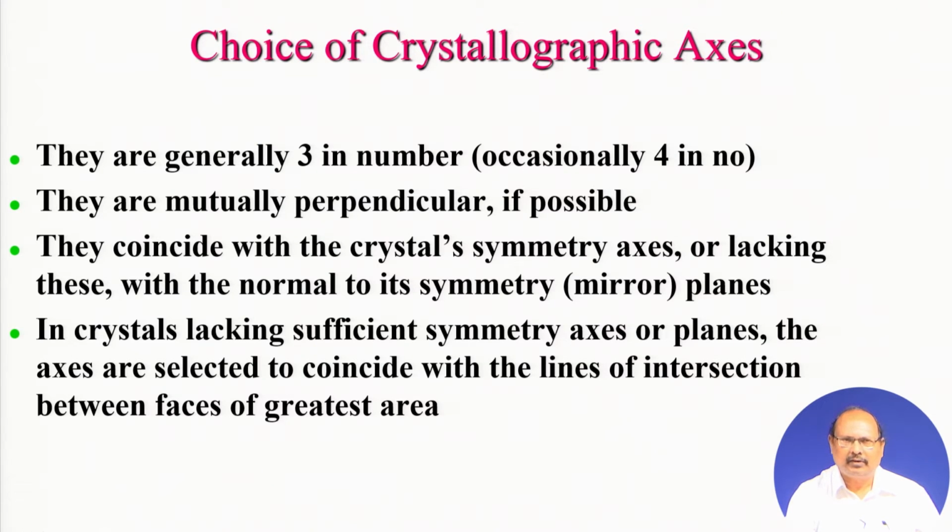In those cases, the axes are selected to coincide with the lines of intersection between faces of greatest area. Those faces which have the largest area, their intersection is a line, and that line is taken as one of the crystallographic axes.